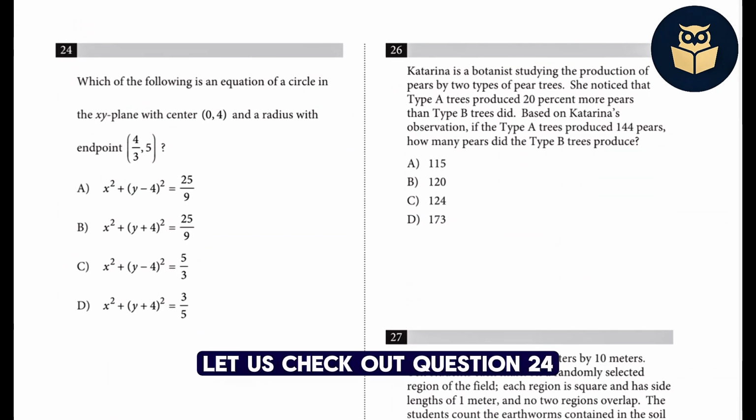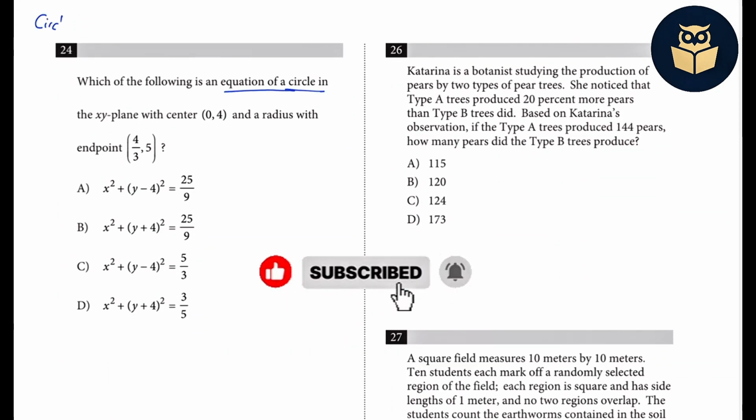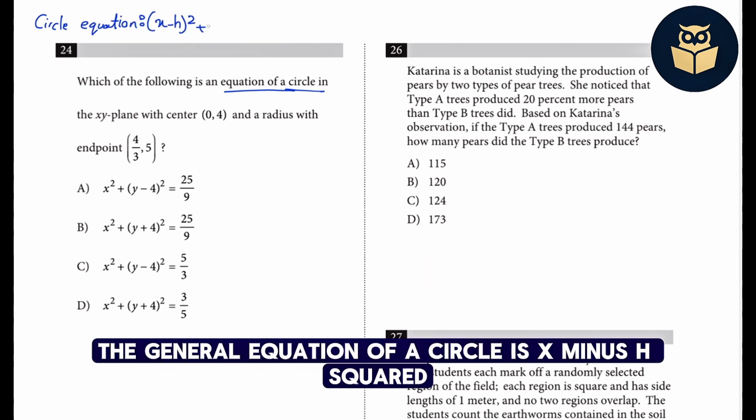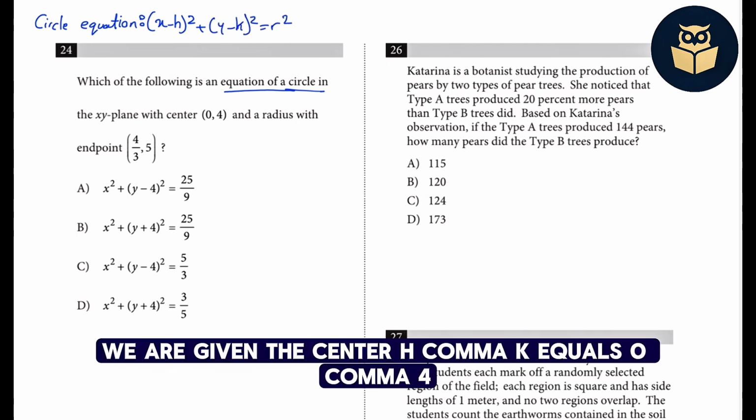Let us check out question 24, a circle equation problem. The general equation of a circle is (x minus h) squared plus (y minus k) squared equals r squared. We are given the center (h, k) equals (0, 4).